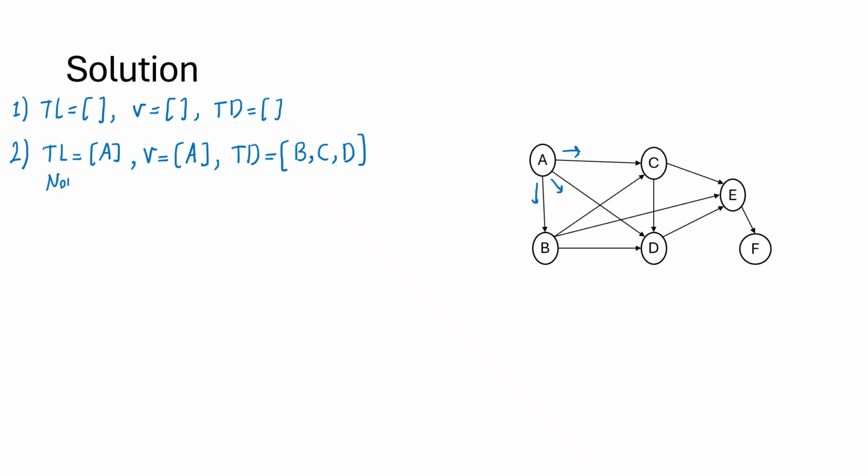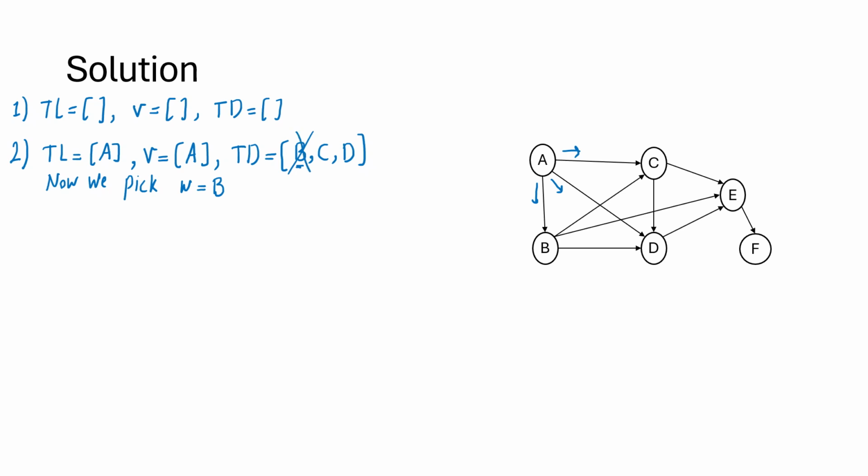So now we need to pick W. And if you remember, W is going to be assigned the first element of the to-do list, the first from here. And then we remove that.